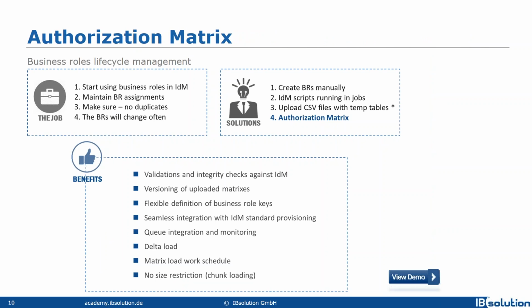Most of the time you have the task to start using business roles in identity management, or to maintain business role assignments, or to make sure that there are no duplicates within your business roles.